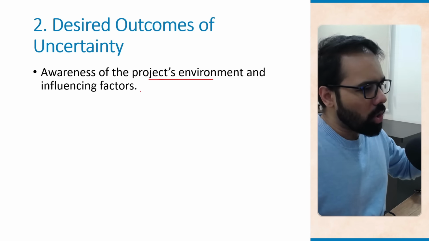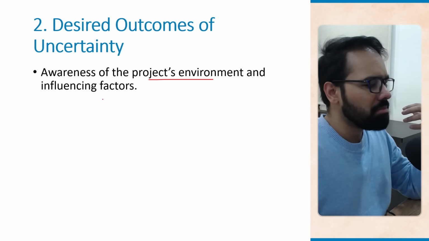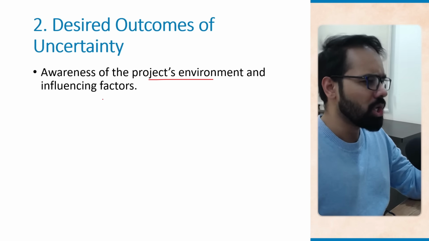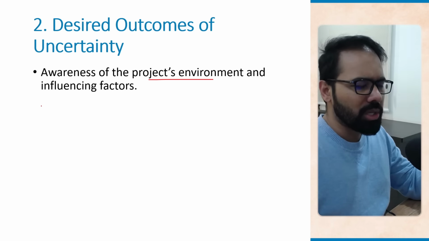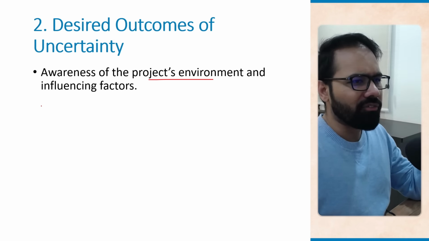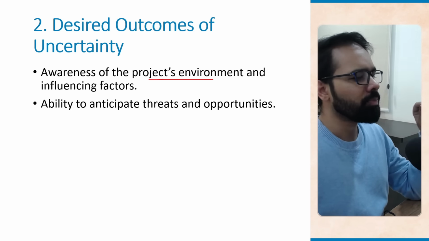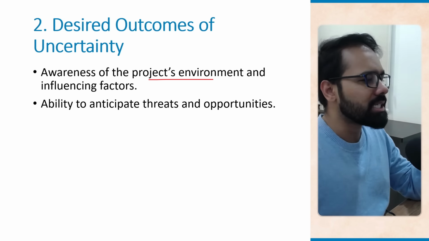For our e-commerce website, this could mean being aware of new payment gateway regulations that the government just introduced, or, let's say, upcoming festival season surges where you are going to see higher than usual traffic. So how is your website going to handle that? So stuff like this.